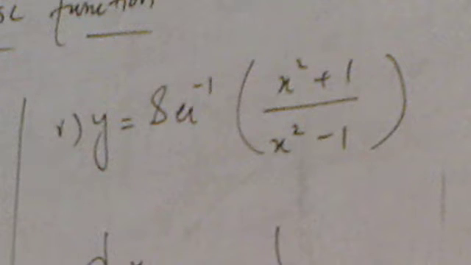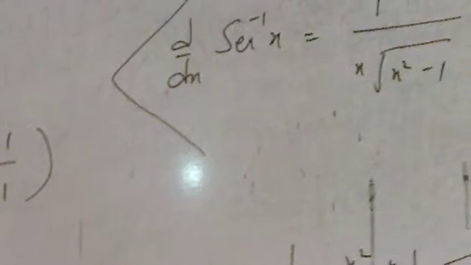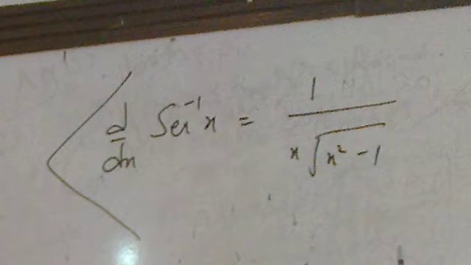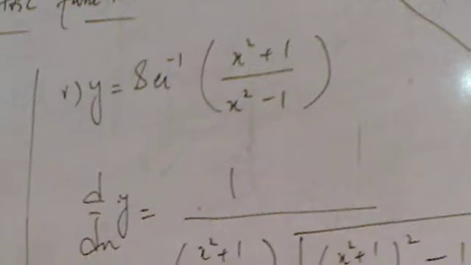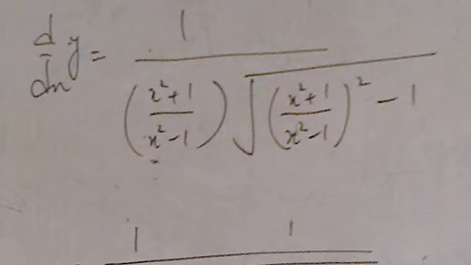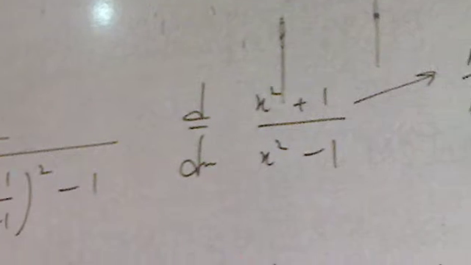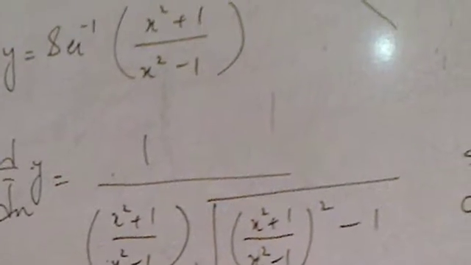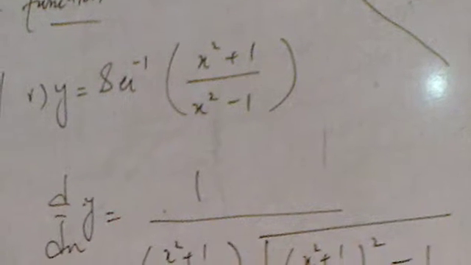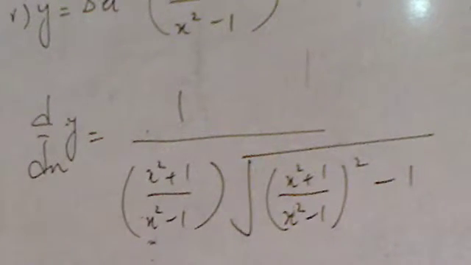Now here we have secant inverse. The derivative of secant inverse is 1 over x times the square root of x square minus 1. We put these values in the formula, and then take the derivative of the angle, where we apply the n over d rule.